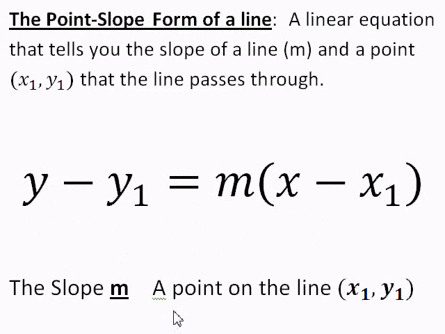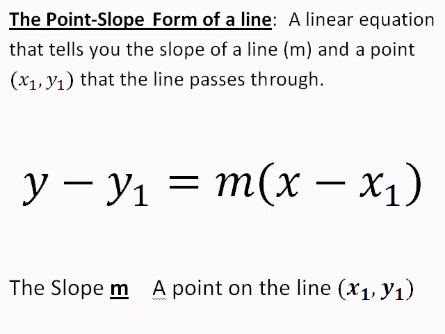The point-slope form of a line, as the name suggests, is a linear equation that tells you the slope of a line, m, and a point, x1, y1, that the line passes through. Here's the equation: y minus y1 equals m(x minus x1).